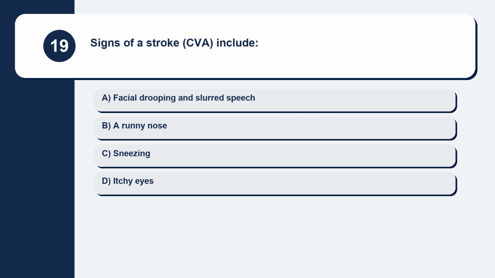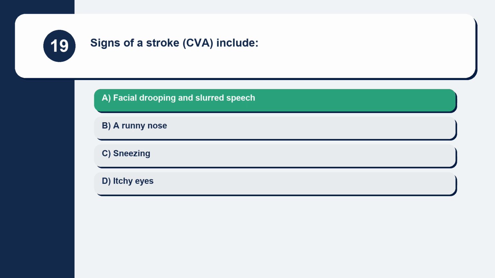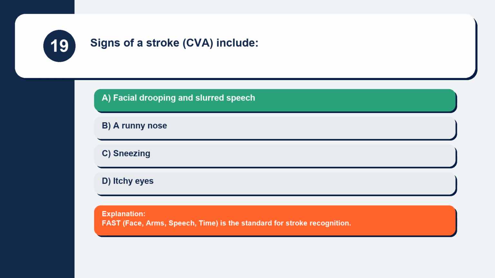Question 19. Signs of a stroke, CVA, include facial drooping and slurred speech, a runny nose, sneezing, itchy eyes. FAST, face, arms, speech, time, is the standard for stroke recognition.